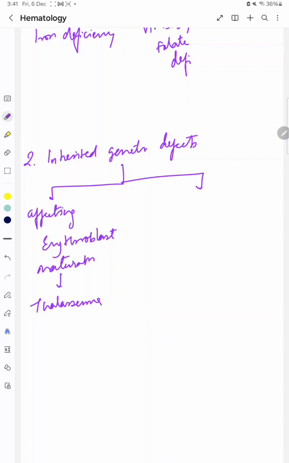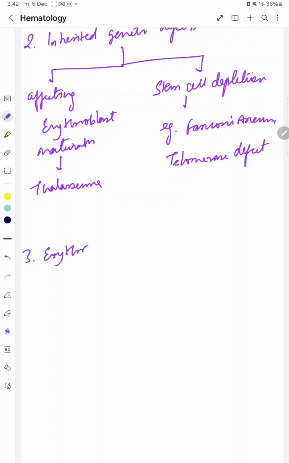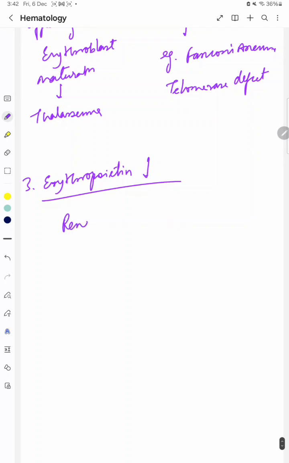Genetic defects affecting stem cells or leading to stem cell depletion are seen in Fanconi anemia and telomerase defect. Erythropoietin deficiency can also result in impaired or decreased RBC production, which can be seen in renal failure and anemia of chronic disease.